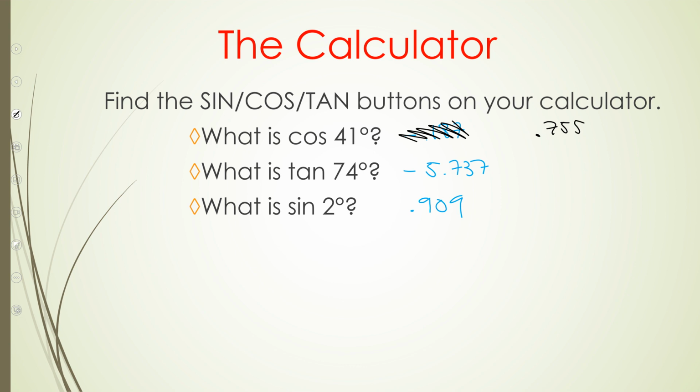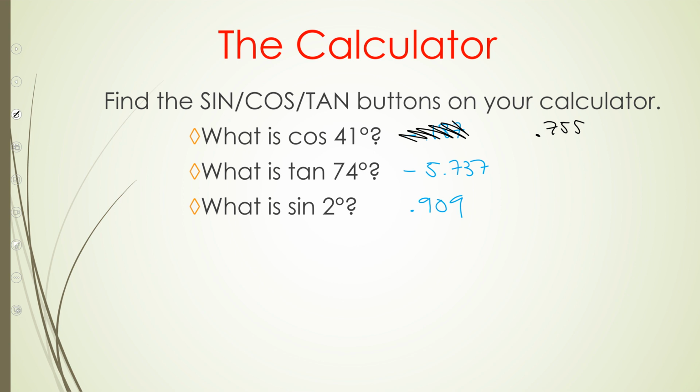0.755. Okay? I know that there's an angle of 41 degrees that when I take the cosine of it, I get 0.755. Now on your calculators, do second cosine, so that gets you up into the inverse of 0.755. What do you get for an answer? You get really close to 41, right?